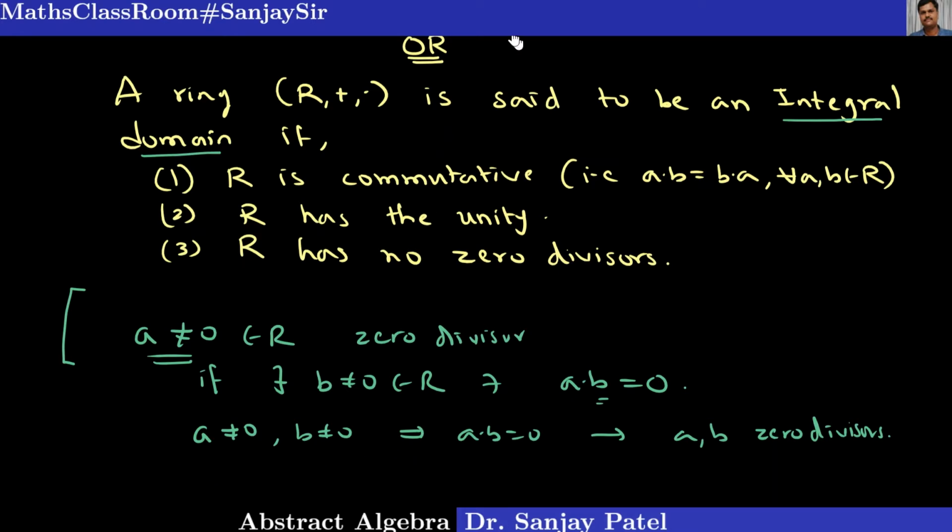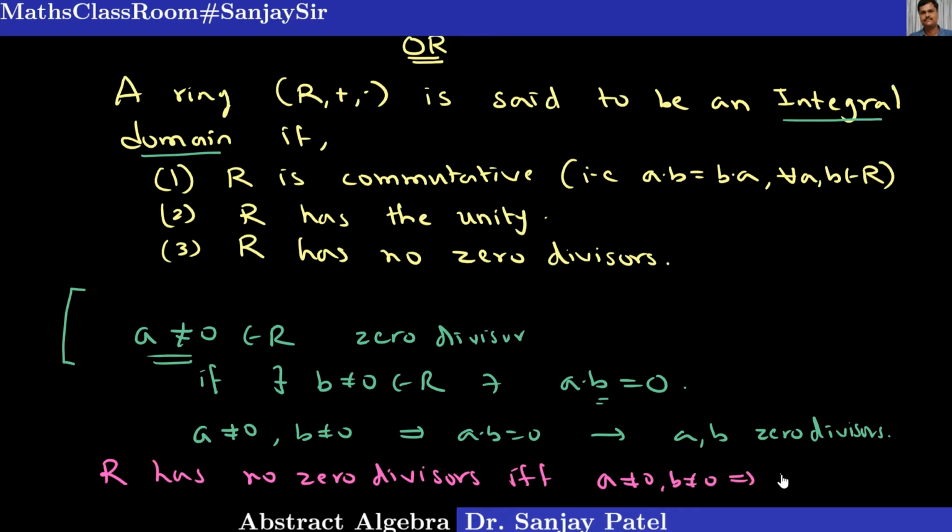So if you want to prove that a ring R has no zero divisors, then what you must prove, this is a very important thing: R has no zero divisors if and only if, for any two non-zero elements A and B in the ring, their product is also non-zero.